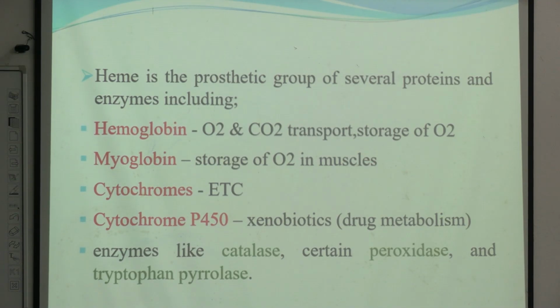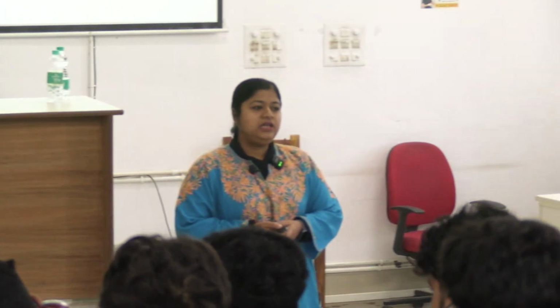Next come cytochromes. What are cytochromes? They are the electron carriers in the inner mitochondrial layer, performing the electron transport chain and helping in production of energy. The last phase of ETC helps in the production of energy, the passage of oxygen or the passage of electrons.